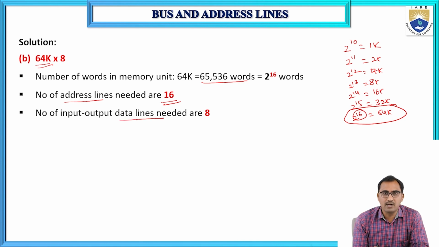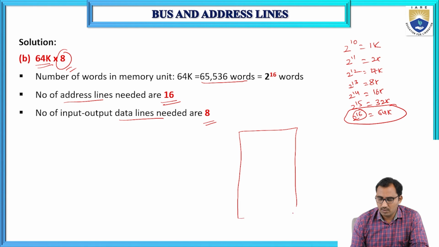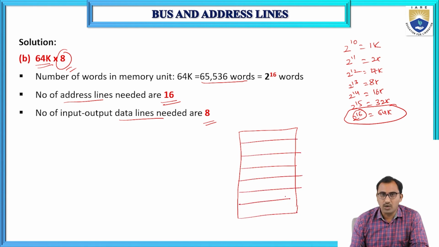And how many data lines are required? Data lines are 8. If you look into the memory, in decimal notation the starting address is 0. What is the maximum address?